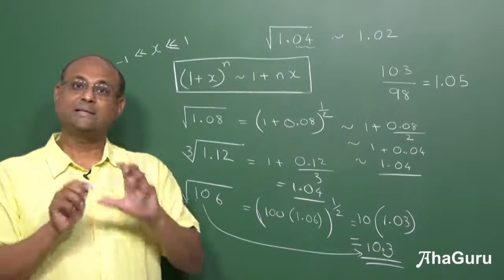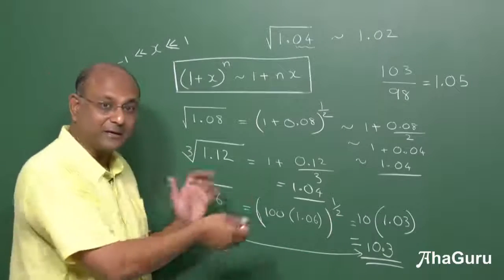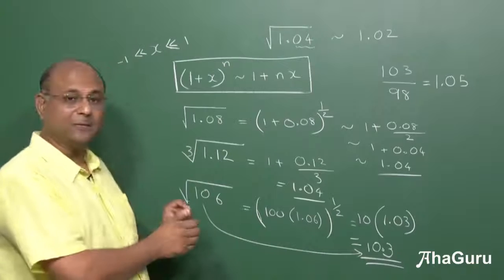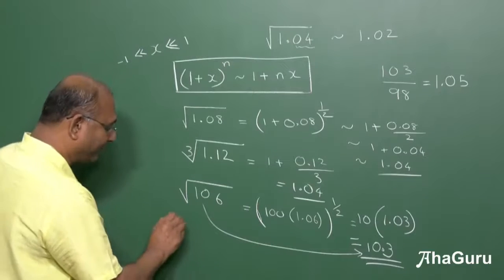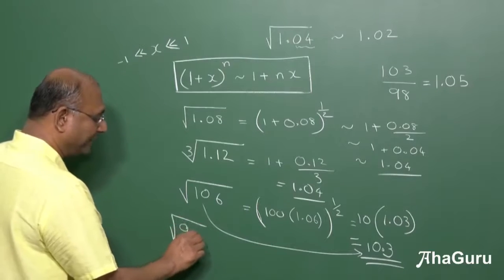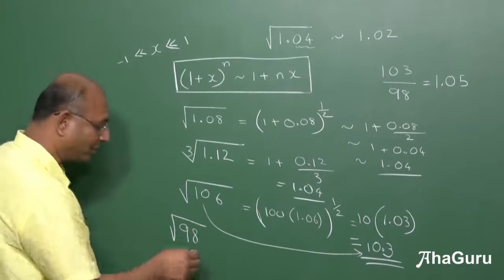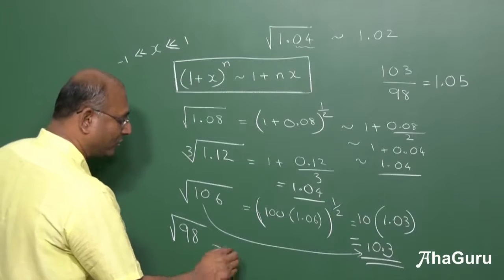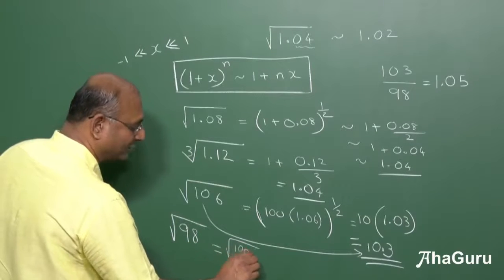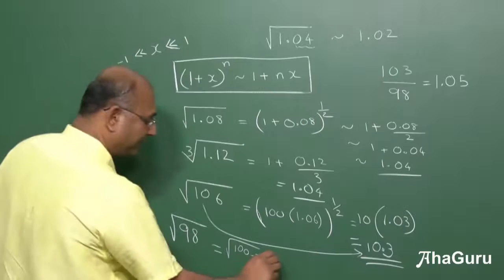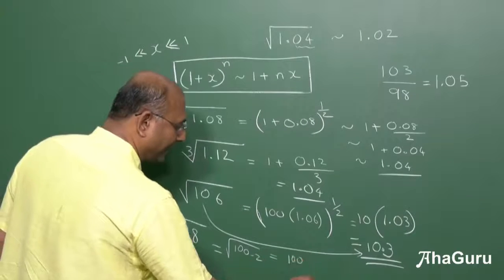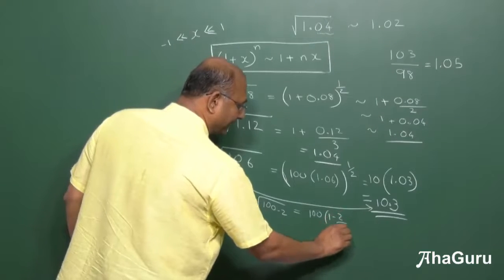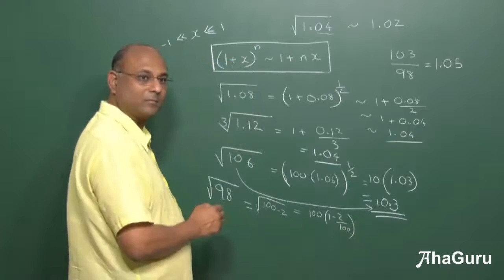Okay. Let us see how we can use this for slightly different types of questions. So for example, if I had root of 98, what will I do? I'll write it as root of 100 minus 2, which is root of 100 into 1 minus 2 by 100.